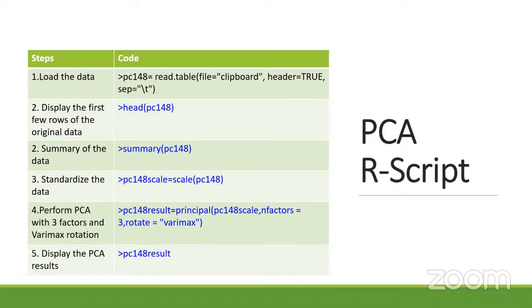Summary PC 148 is the initial vector that includes all the 14 data. And you will find that the items for the different variables are different, therefore the scores are different.